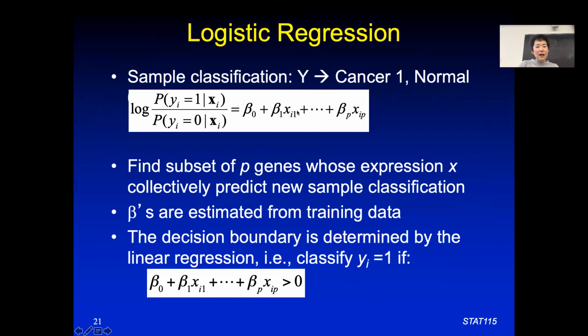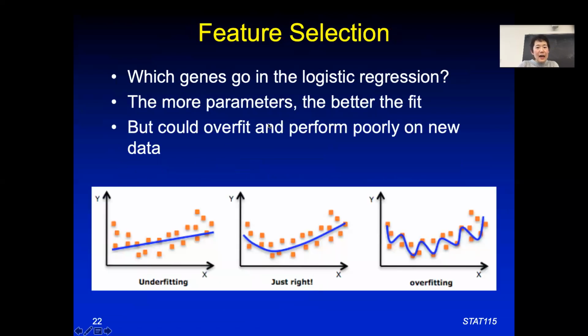And if your classifier has 10,000 parameters with a weight on every gene, you are very likely to overfit your data, right? So you want to reduce this. How do you find the subset of genes whose expression collectively can predict whether this new sample is going to be cancer or normal? You try to estimate all the coefficients that you assign to each gene from the training data, and try to make the prediction. And so this kind of goes to a feature selection problem. You can, yes, Jed.